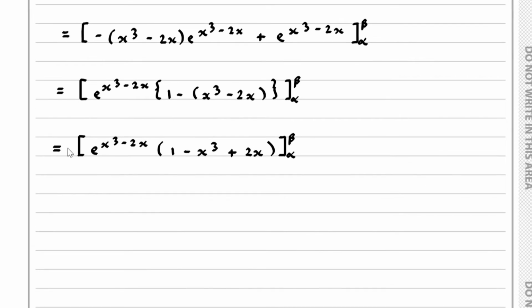So if we work out what this is, for our upper limit, we have e to the power of root 2 cubed, subtract 2 times root 2, multiplied by 1 minus root 2 cubed plus 2 root 2. So that's what we have for our upper limit.